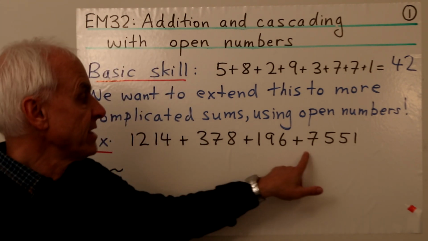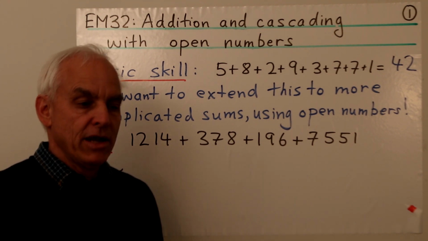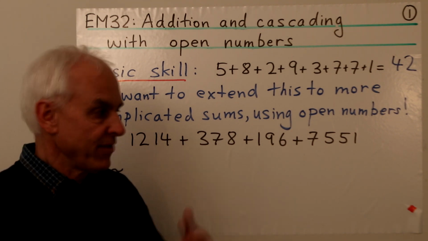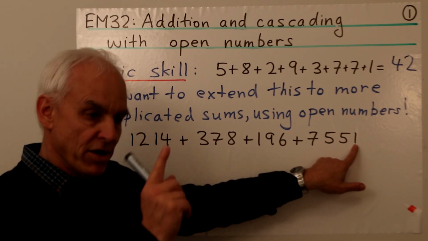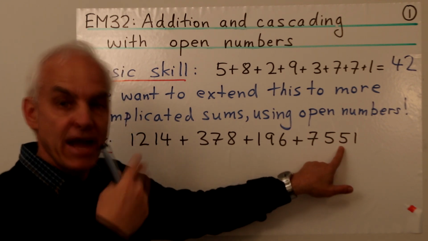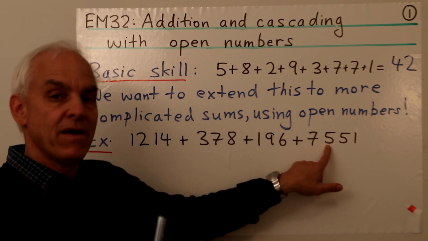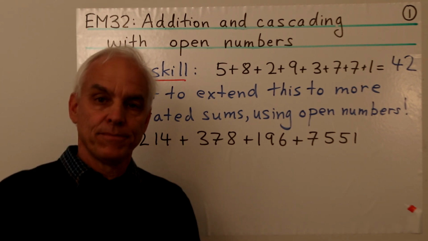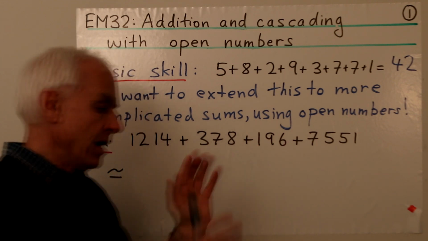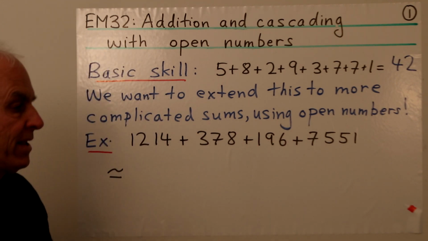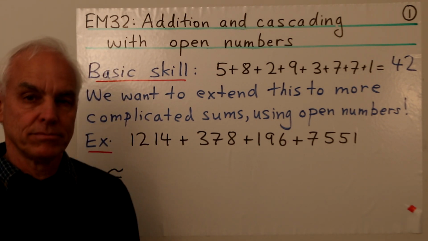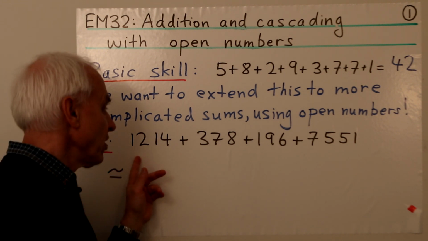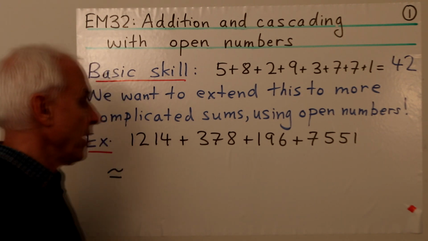So for example, 7,551, in terms of money, this represents one $1 bill, 5 $10 bills, 5 $100 bills, and 7 $1,000 bills. So each of these is a little portion of money, and we want to add them all up. Okay, so let's start from the left and work this way here.